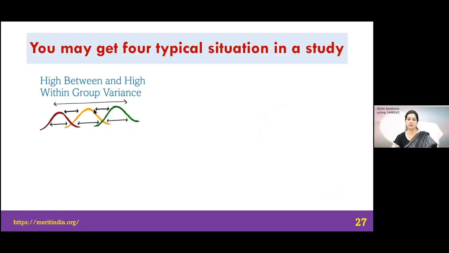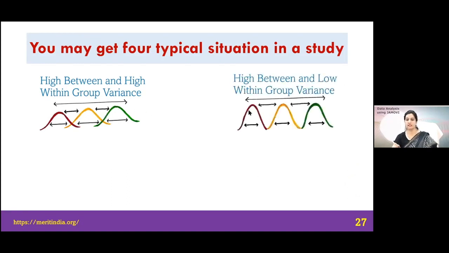This has been drawn with a sketch pen, so don't think this is anything but a hypothetically drawn curve. Here you can see that both variances are high because the spread is more, and the distance is also more. Similarly, this is again high between group variance but low within group variance because this is narrow.